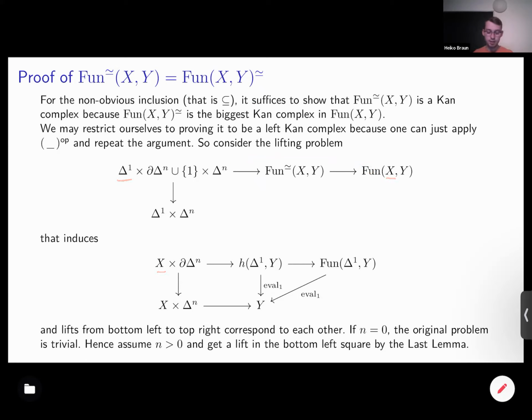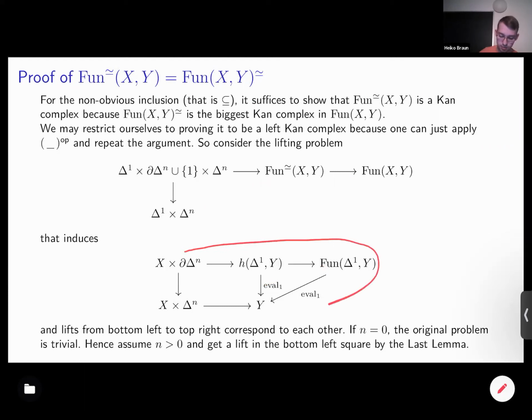And when we do that, then the outer diagram will correspond to the top outer diagram, and the lifts from here to here correspond to the lifts here. So those two kinds of lifts correspond to each other. And then in the end, one needs to check that it actually goes through this part as well, which is a little technical, but let's first consider what happens down here.